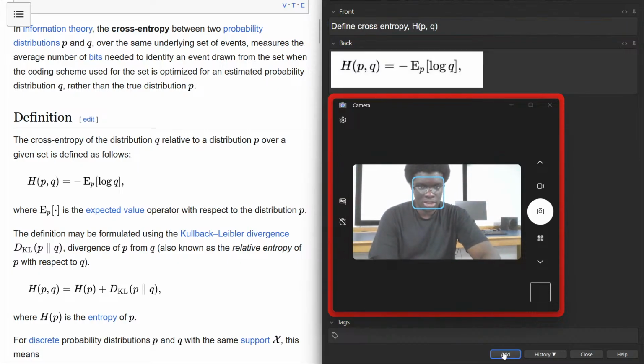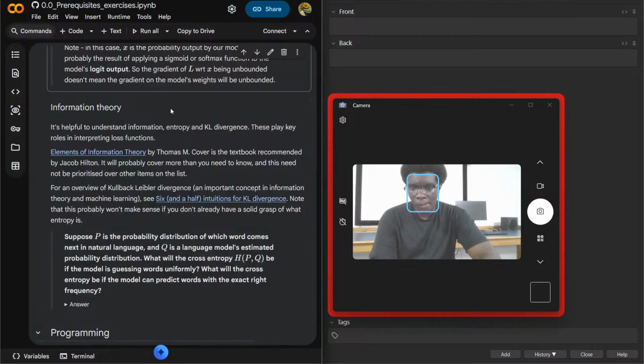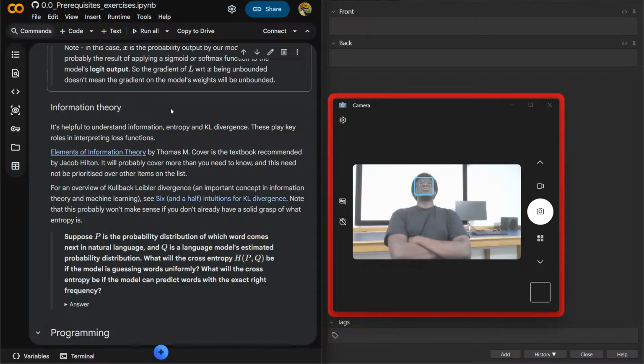Okay, and then going back to here. So the cross entropy, if the model is guessing words uniformly, so that's saying Q is uniformly distributed, P is the distribution of the language, and the cross entropy will then be the expectation under P of the logarithm of Q. Since Q is just going to be uniform, we could take the log Q basically out of that summation.